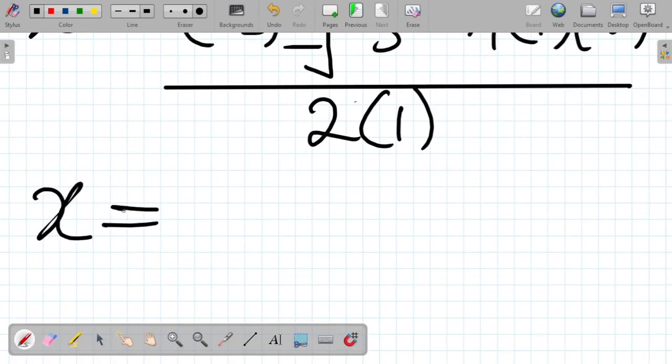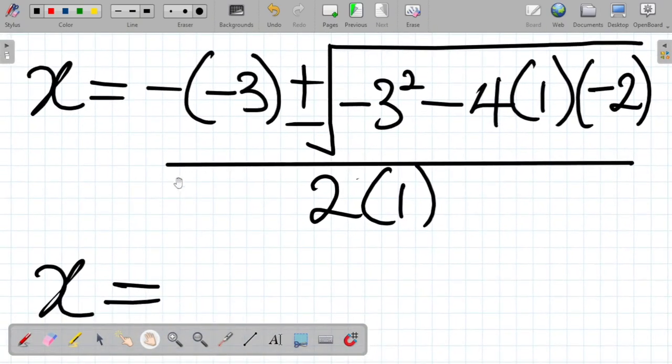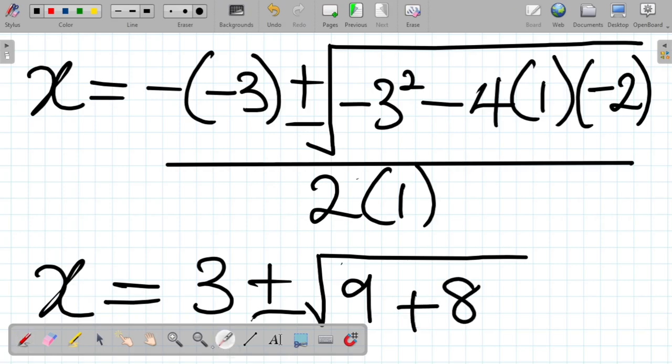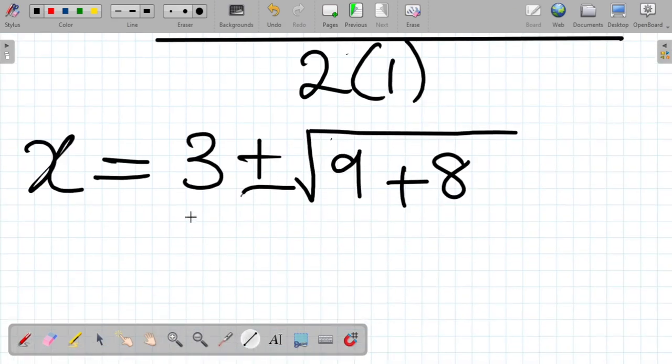So x is equal to minus multiplied by minus 3. It becomes positive 3 plus or minus square root of negative 3 squared is 9 minus 4 multiplied by 1 and then multiplied by minus 2 gives us positive 8, all over 2 multiplied by 1 is 2.